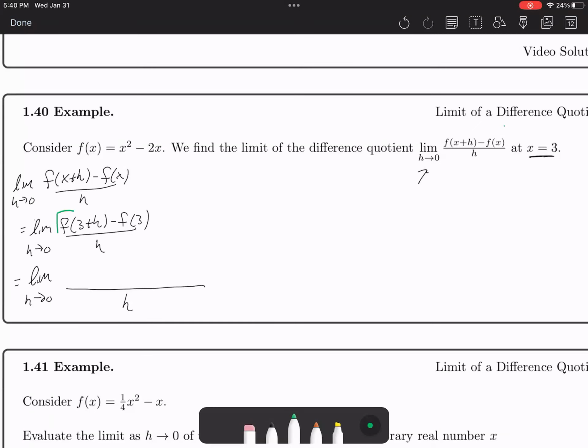Now, if I evaluate my function at 3 plus h, I get 3 plus h squared minus 2 times 3 plus h. I will then subtract my function at 3. So 3 squared minus 2 times 3.